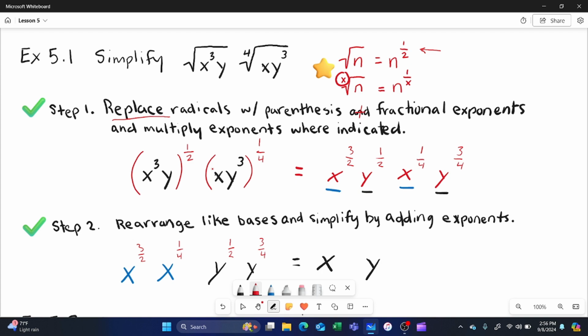Now we're just going to add the fractions together. We have to get common denominators. This will end up being 2 over 4. This will end up being 6 over 4. Now we add those together. We'll end up with x to 7 over 4, y to 5 over 4 for a final solution.